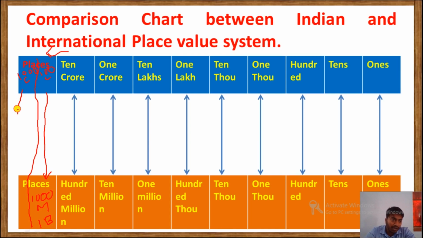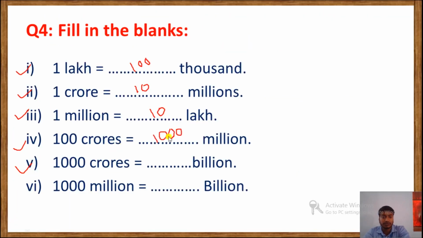And when we equalize with the international place value system, if this is 1 billion, then when we increase this side, this will be 10 billion. You know very well, after million, the billions period comes. So 1000 crore is equal to 10 billion.